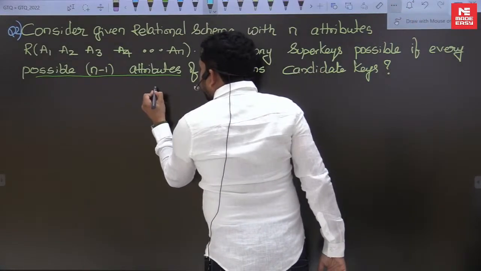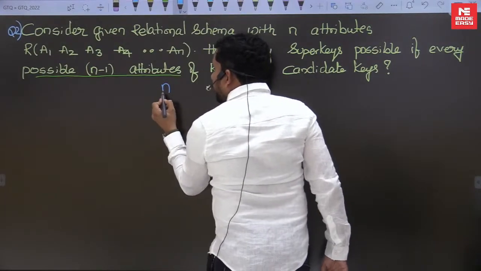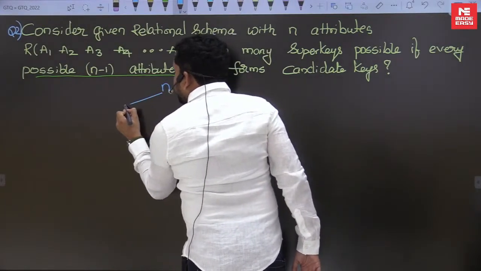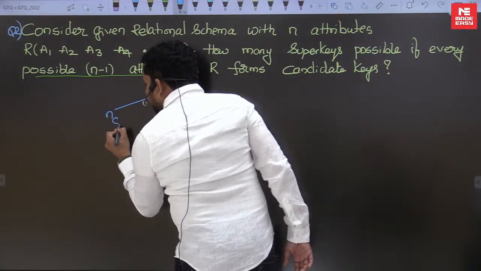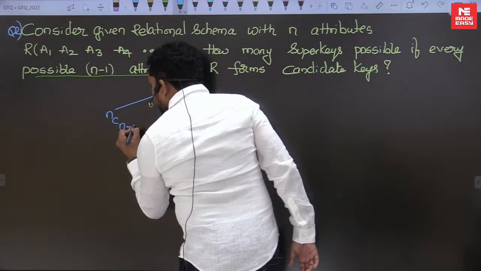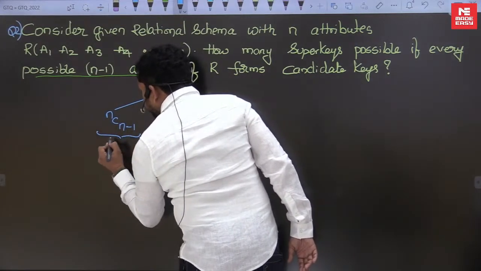See, out of n attributes, every possible n minus 1 attributes, that means nC(n-1), are the total possible candidate keys.